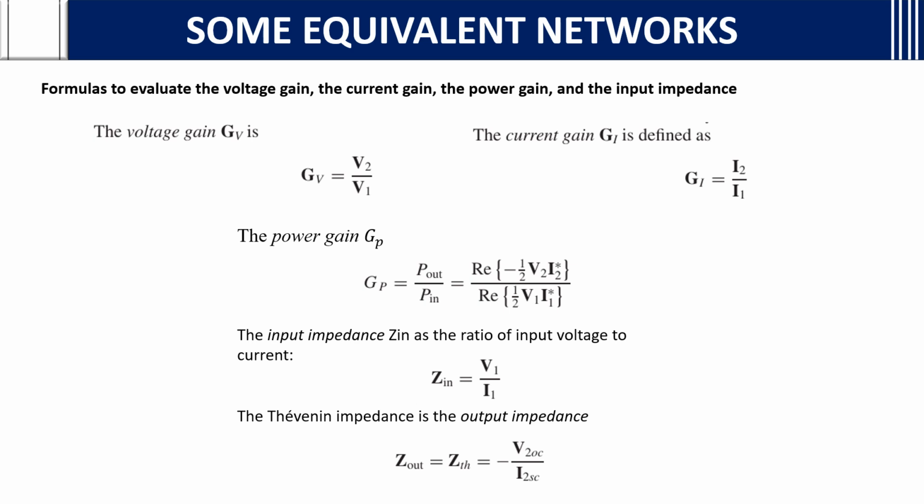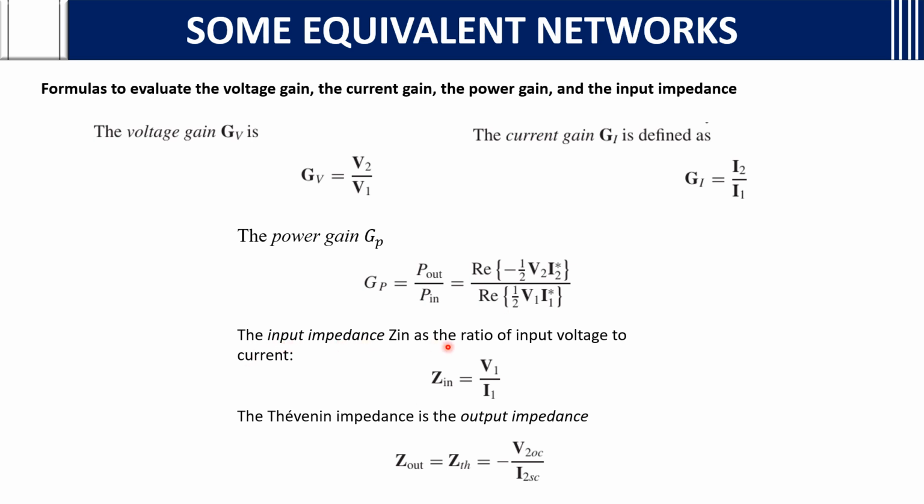Before starting with the equivalent networks, we need to know some formulas. First is the voltage gain, GV, which is V2 by V1. Then the current gain GI is defined as I2 by I1. The power gain GP is power out by power in, that is the real part of minus 1 by 2 V2 into I2 by 1 by 2 V1 into I1.